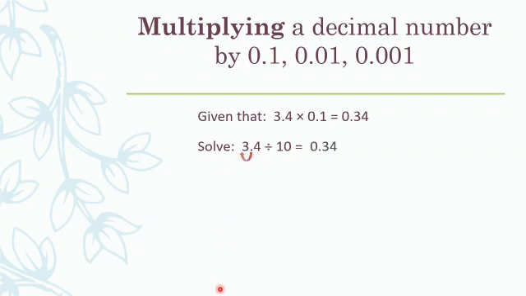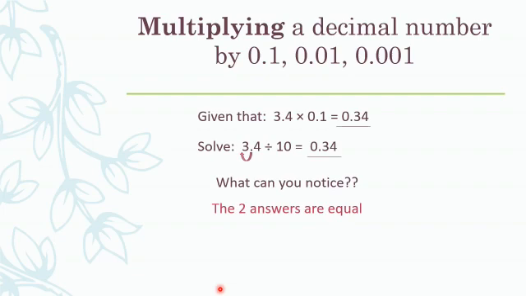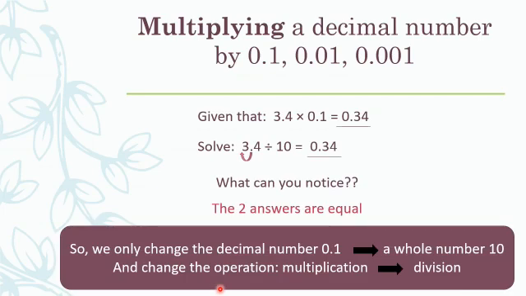So the answer is equal to 0.34 as well. What can you notice? We can notice that the two answers are equal. So we only change the decimal number 0.1 into a whole number, which is 10, and change the operation from multiplication into division.